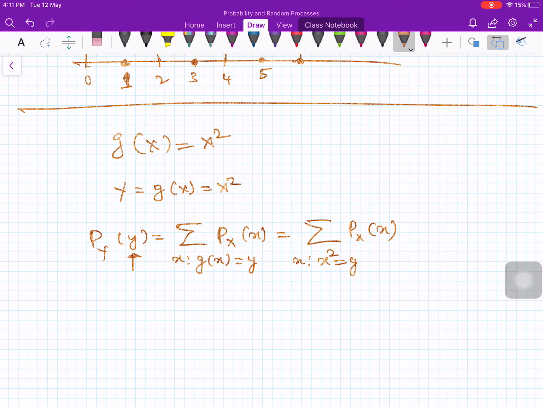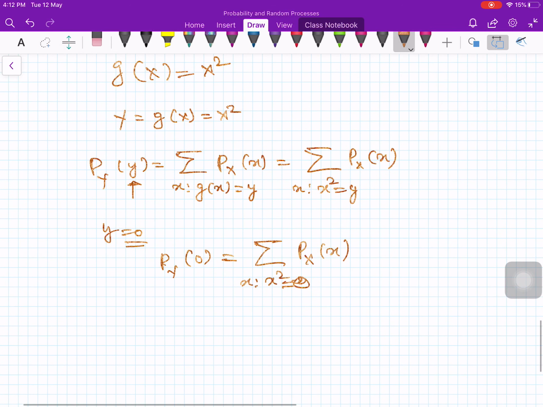Now substitute y equal to 0, then py of 0 is the sum of px of x over x squared equal to 0.